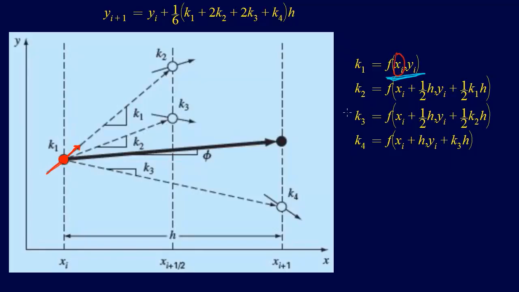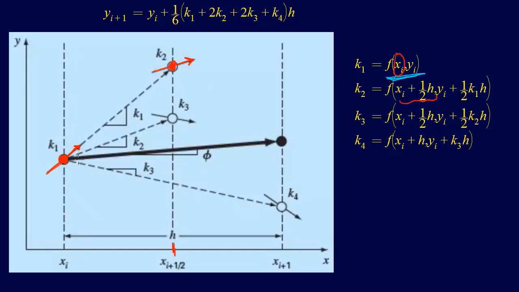Okay, the next one, so then we come up with k2. That's this right here. That's the slope at this point, k2, and that again is evaluated at x_i plus 1/2 h. See the x_i plus 1/2? That's where that's evaluated.